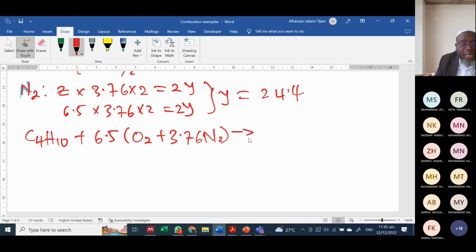This is for the air side. Then we have the carbon dioxide. What is A? A is 4. So 4 moles of carbon dioxide plus water.